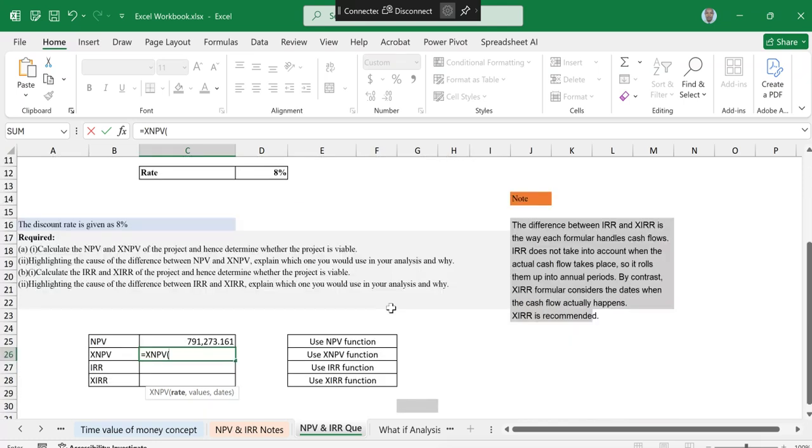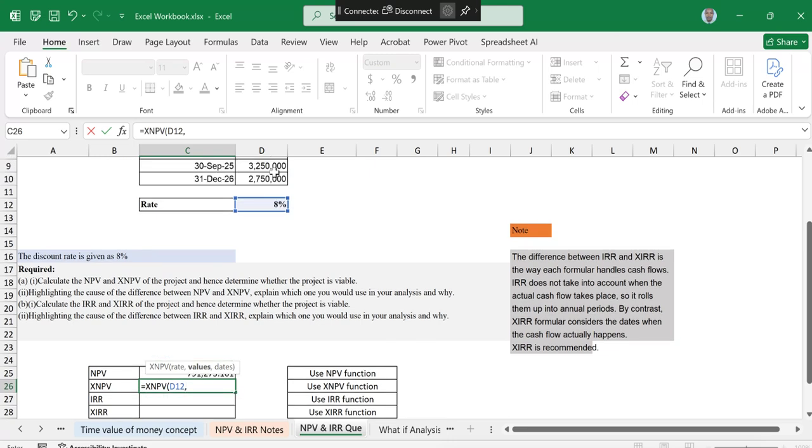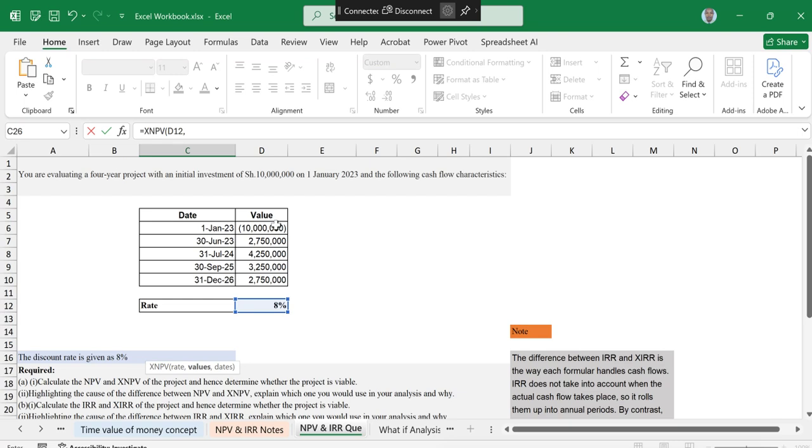Now for XNPV, you start with the equal sign, XNPV, then rate. The rate is the 8%, that is D12, comma. Then for the values, you select from the outflow itself, so don't leave out the outflow. We are selecting from the outflow all the way to the last cash inflow on 31st December 2026.